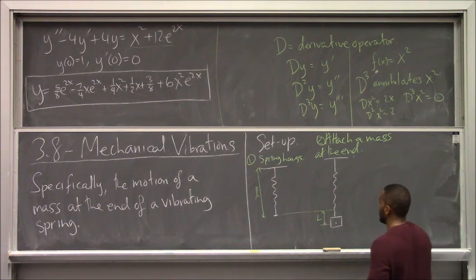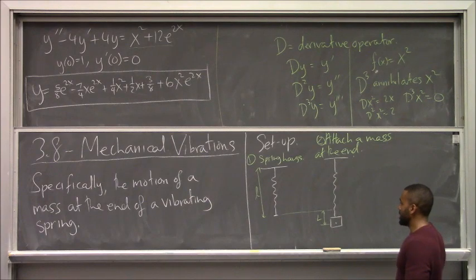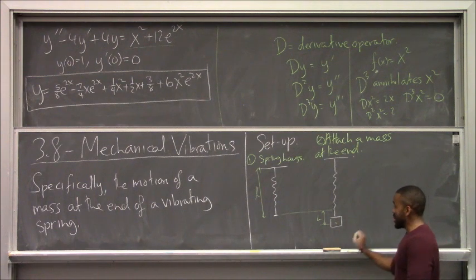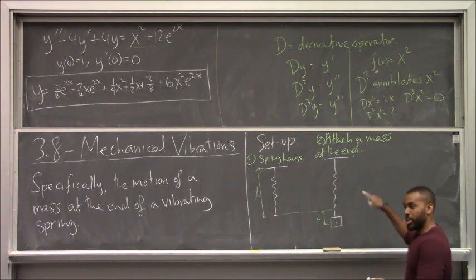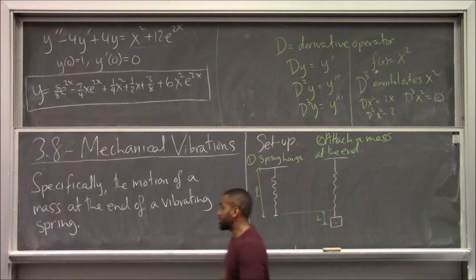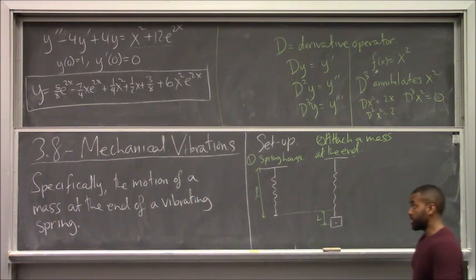Now what we're going to do, because we're troublemakers, is stretch it a little more and let it go, or hit it at the bottom or something. That is going to start doing this at the end of the spring. So there's a mass vibrating at the end of the spring, and we want to know the position function for the mass.